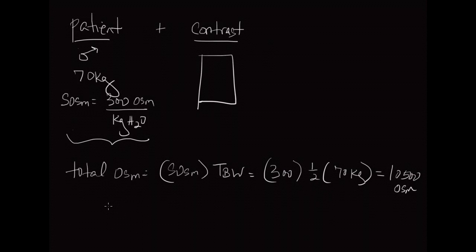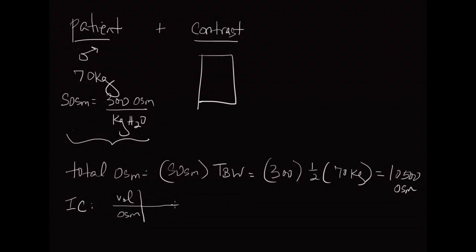Now, the body compartment is such that 2/3 of the total body water is in the intracellular compartment and 1/3 is in the extracellular compartment. So we can say the same thing about the osms. 2/3 of the osms are in the intracellular compartment, 1/3 is in the extracellular compartment. So let's calculate that. Let's say intracellular compartment, and what we want to know is the volume that's in the intracellular compartment and the osms that are in the intracellular compartment.